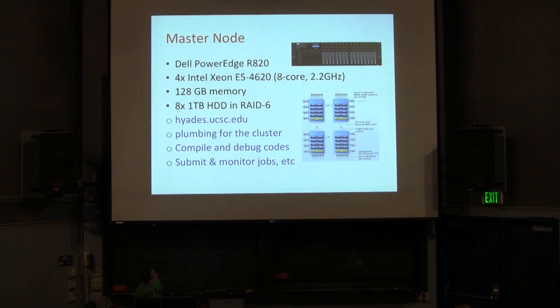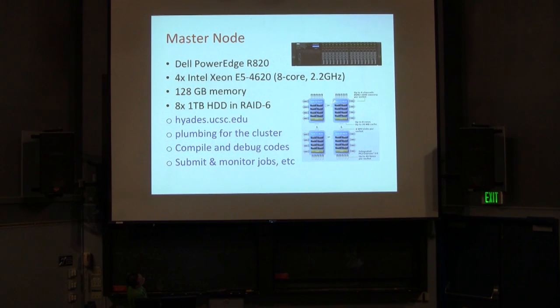One takeaway message from this is that this is the so-called NUMA architecture, non-uniform memory access architecture. What that means is that each CPU has its local memory banks, and the other memory banks are the remote memory.